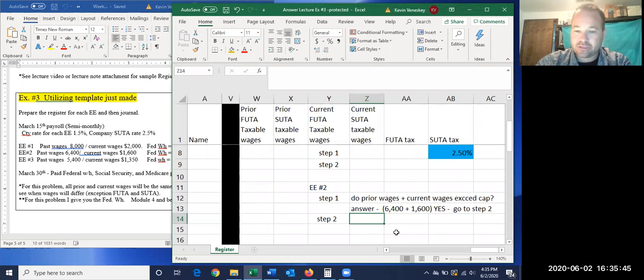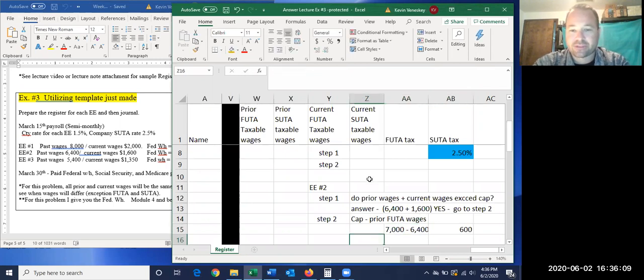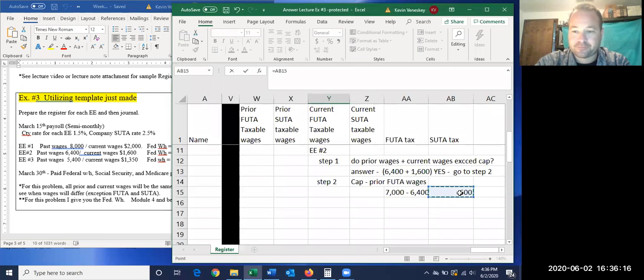So what I want to do is go to step 2, and take the cap and subtract out my prior wages. So we take 7,000 as our cap, minus 6,400 as our prior wages, and that equals $600. So my 600, I calculated that here.